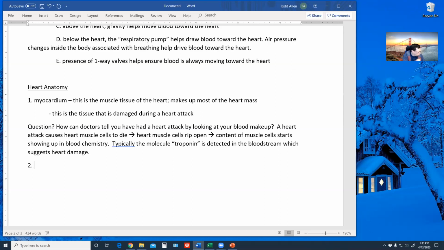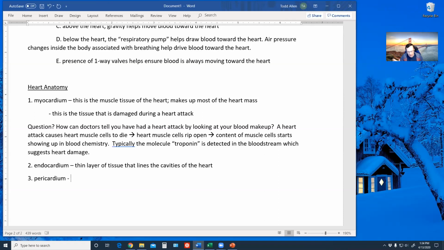All right, so we know the myocardium, endocardium. This is the thin layer of tissue that lines the cavities of the heart. We have the pericardium. Now, folks, the pericardium is a fibrous sac. It's actually made of 3 layers, and I'm not going to tell you what those are called right now.